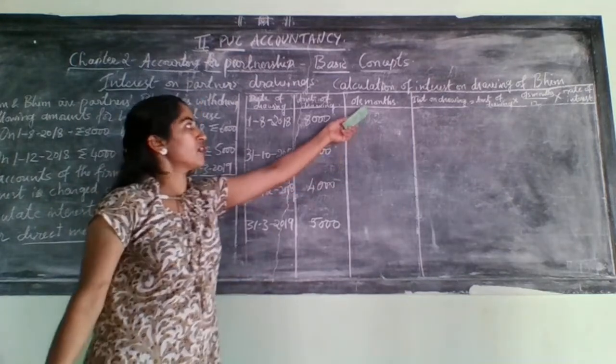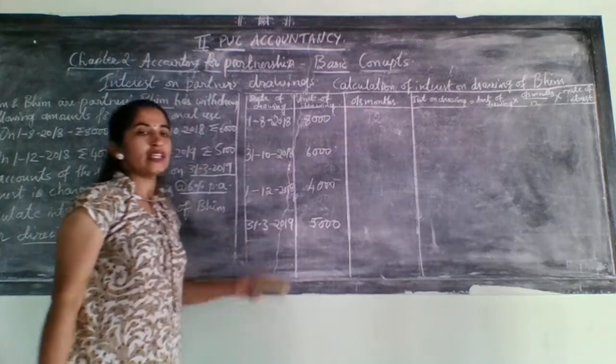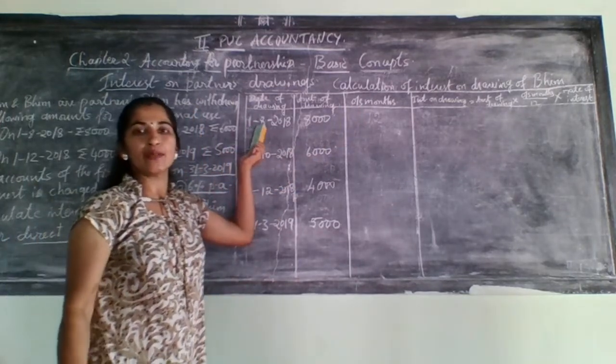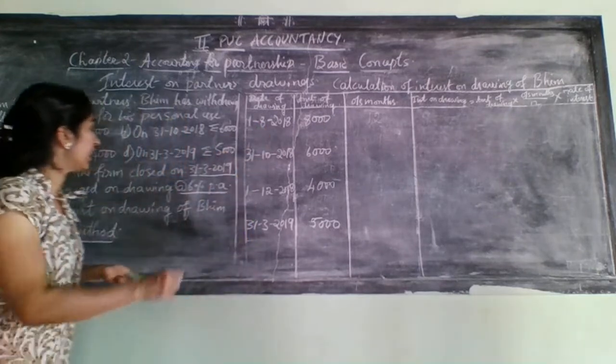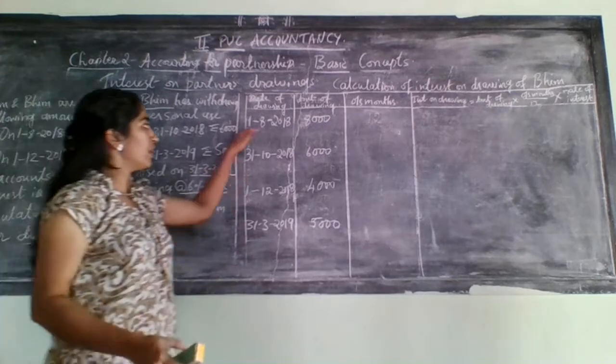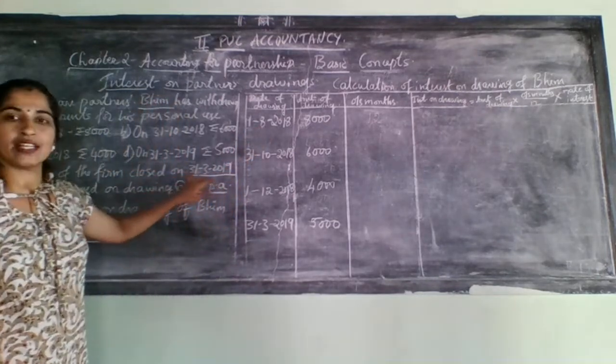Next step is finding out the outstanding months. Okay. Start taking the first one. 1/8. 1/8 means, before that year ending date I have underlined here, that is 31st/3. That means if you start from 8, it should end in 3.